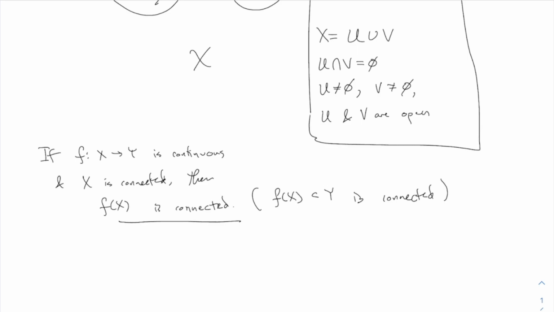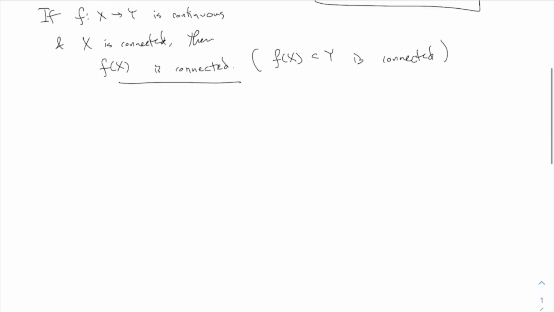But we haven't really talked about what this means exactly, because we've only talked about what it means for the entire topological space to be connected, like X is connected or Y is connected. But this is a subset inside of a topological space, and we haven't discussed that. So a slight detour with no complicated ideas, but there are some details to work out. What exactly does it mean?